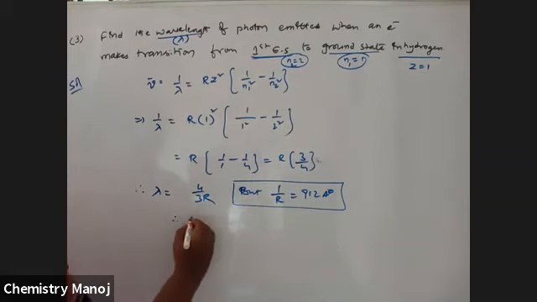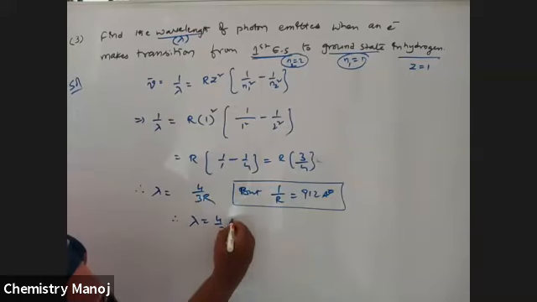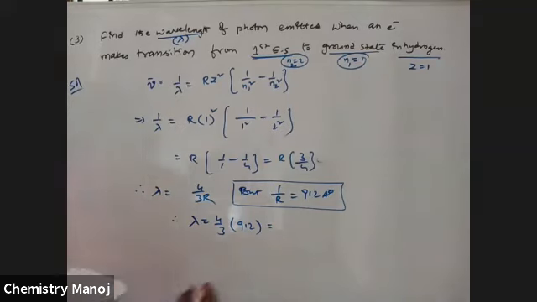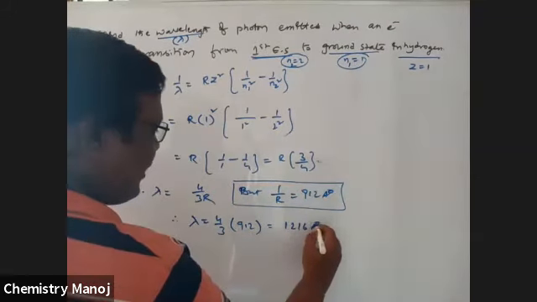Therefore, lambda is equal to 4 by 3 into 912, and finally we get 1216 angstroms.